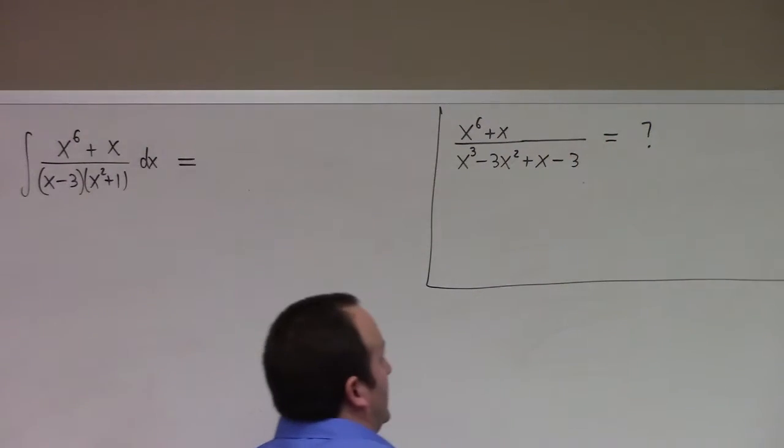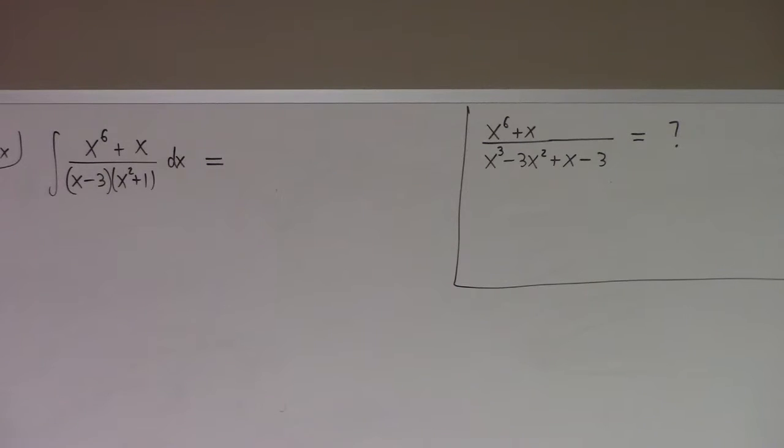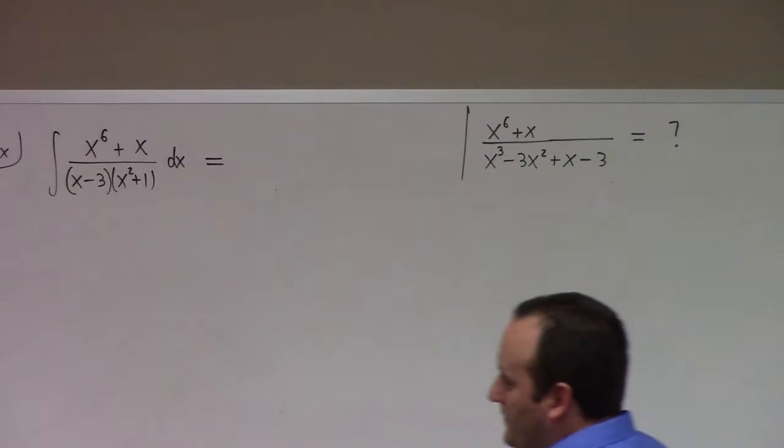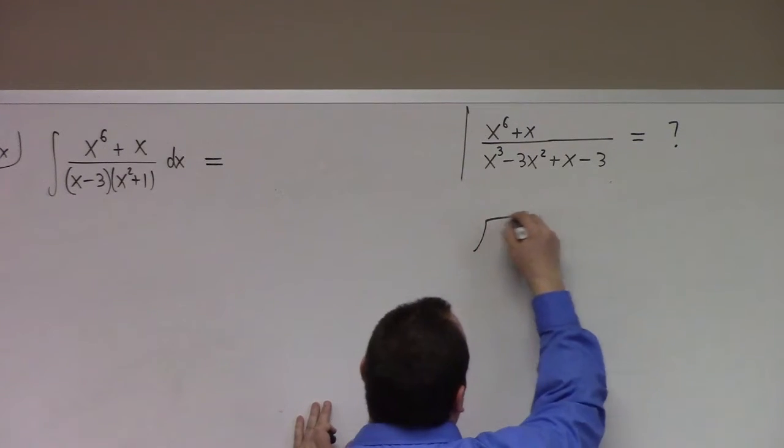So my goal is to understand how to break this down. The first step in this case is long division, but it's long division of polynomials. Long division of polynomials works the same as long division of numbers, really. So if you understand one, you can understand the other.